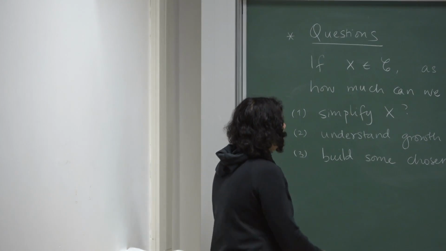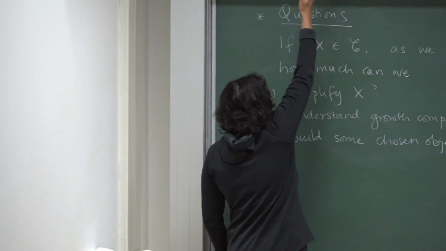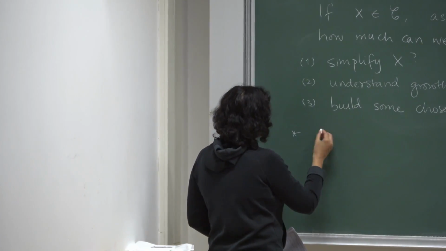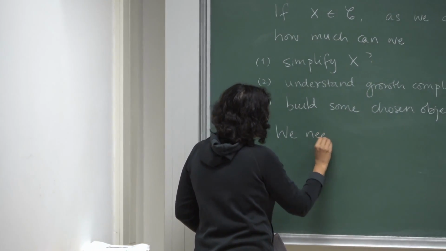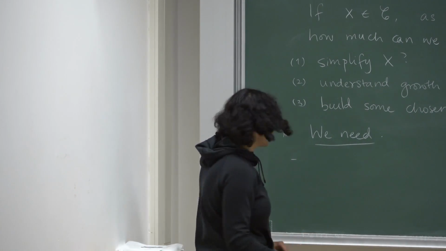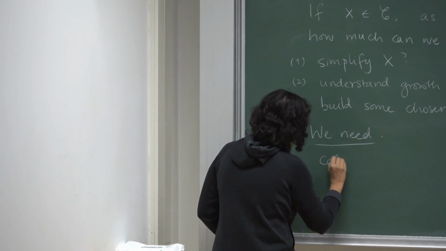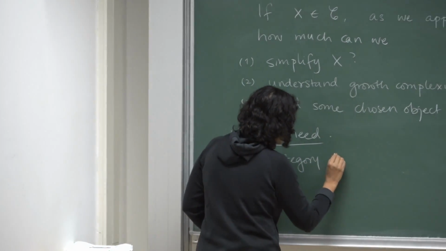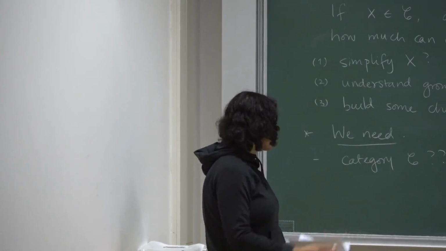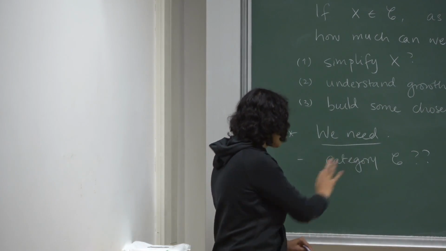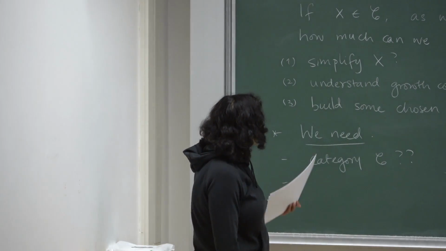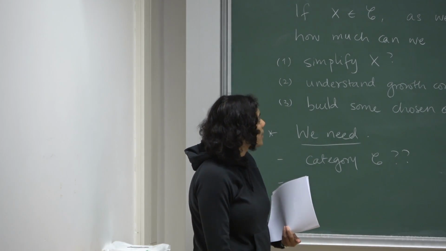First of all, we'll need a few things before we can even start working on this. We need a category with a group action. I'll say more about that in a minute: whether a nice such thing exists, how it exists, and whether we can actually work with it. That will come later. But then we need some tools. I said things like how much can we simplify x, how much can we understand its growth complexity.